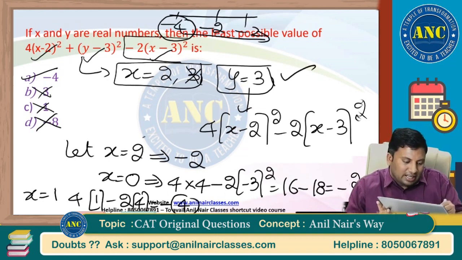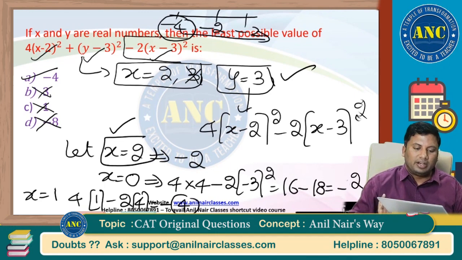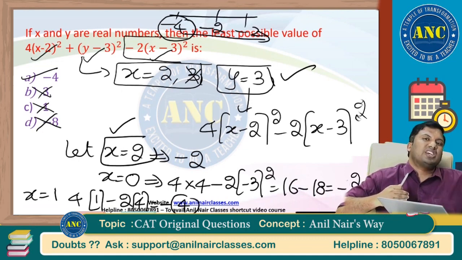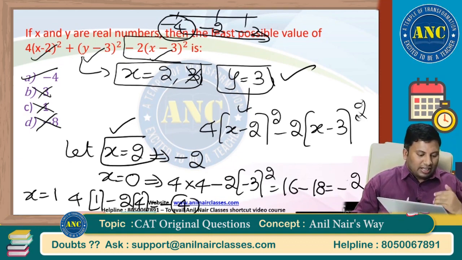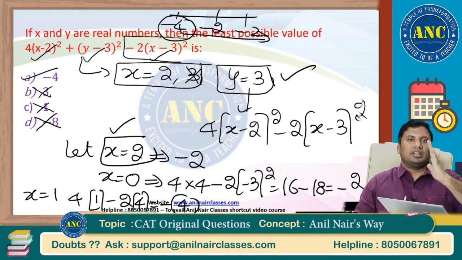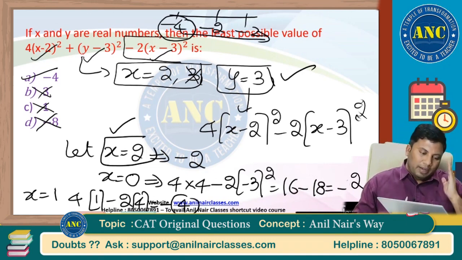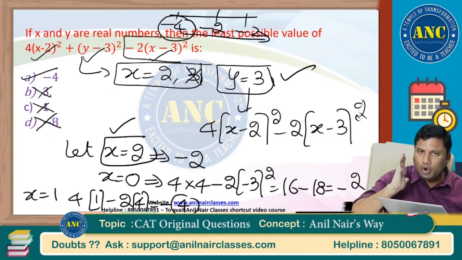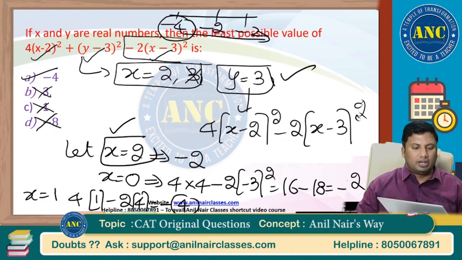Then I checked the behavior of the graph by taking values just less than 2, that is 0 and 1. Then I saw that all the values which I got are greater than minus 4. So the minimum value will be minus 4. Idea clear? I hope you understood why I made x equivalent to 2, y equivalent to 3.